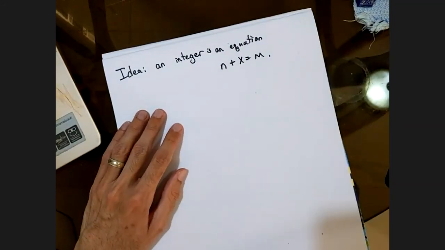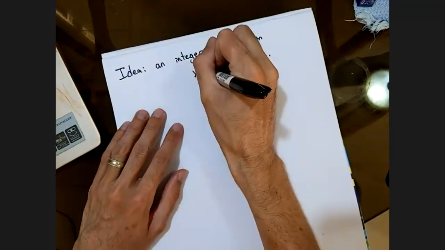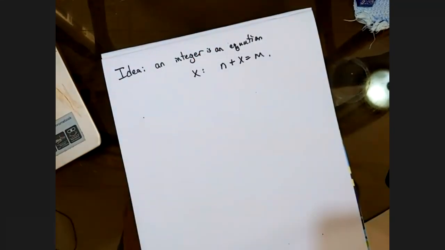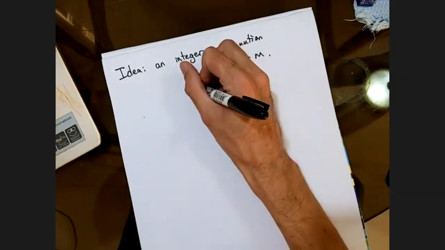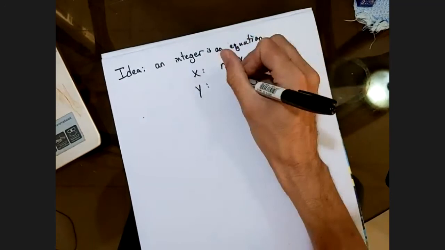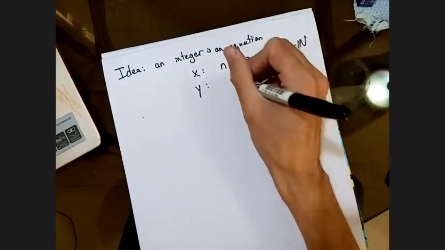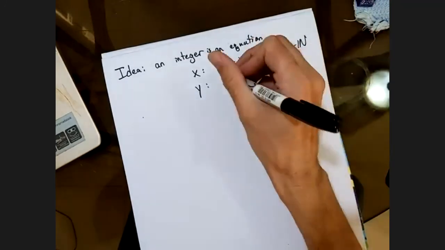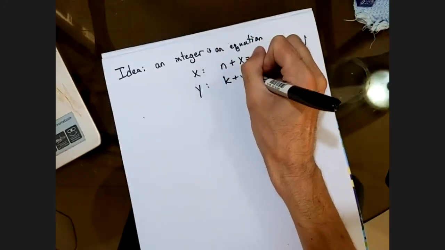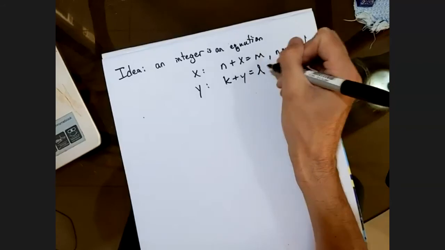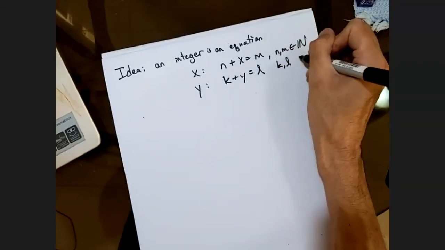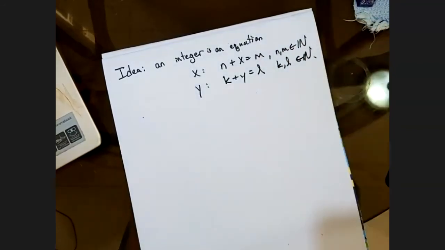That's our integer. And then another integer, y, might be like an equation like k plus y equals L. Here n, m, k, and L are natural numbers.